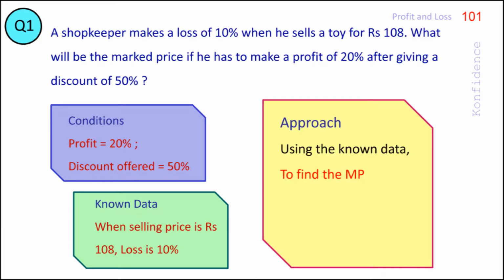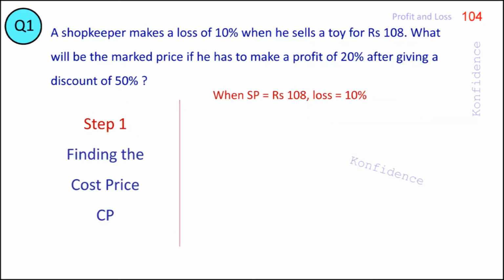In order to find the required marked price, we will have to find the cost price CP and the required selling price SP. We know that the shopkeeper makes a loss of 10% when he sells a toy for rupees 108. Loss percent equals (CP minus SP) divided by CP into 100.